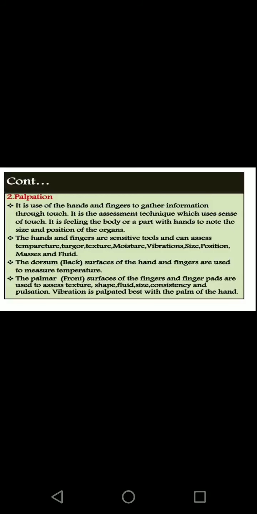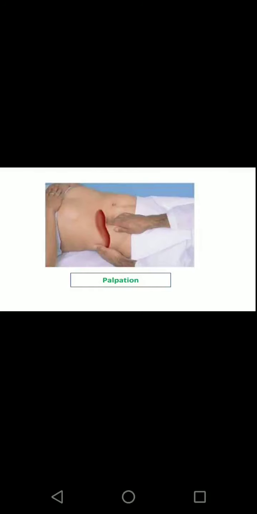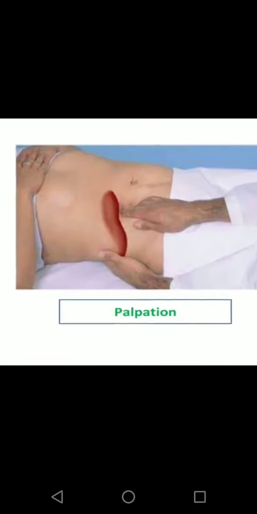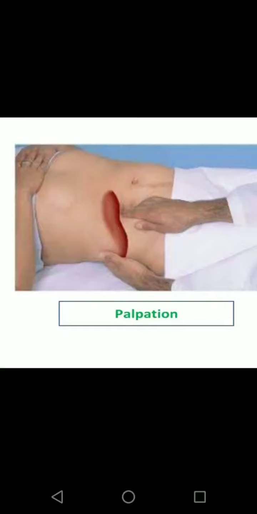Vibration is palpated best with the palm of the hand. When you check vibration, you use the palm part of your hand. This is palpation. A person is using their hand to palpate the organ.